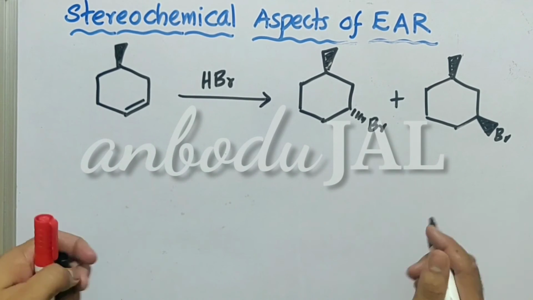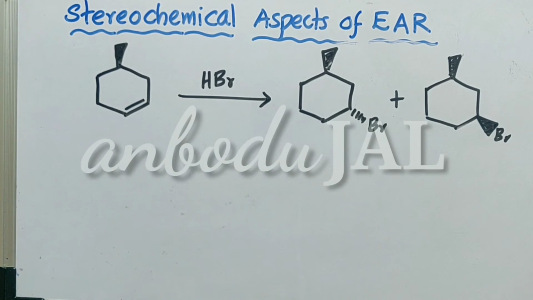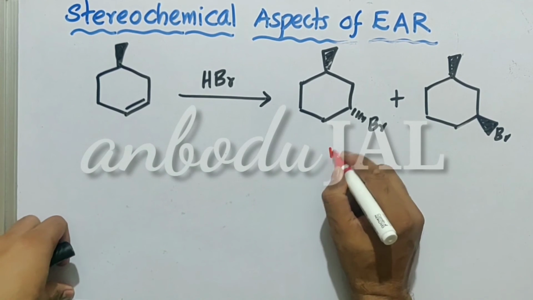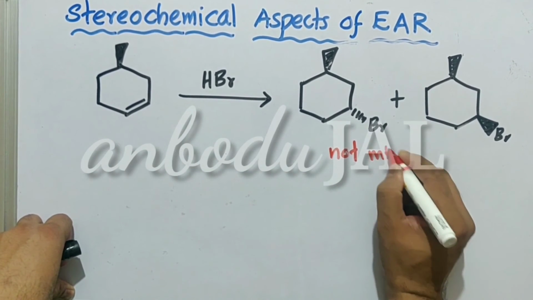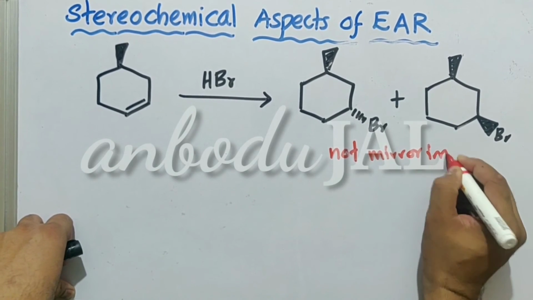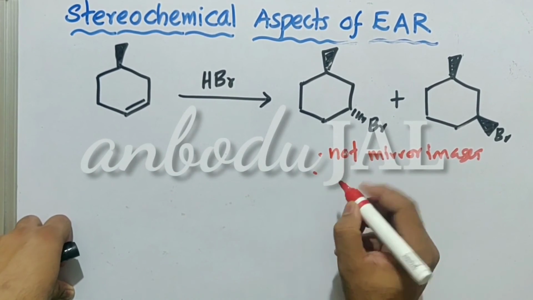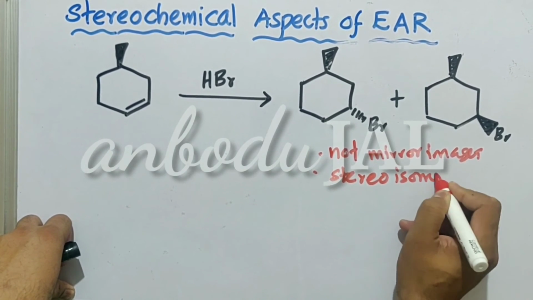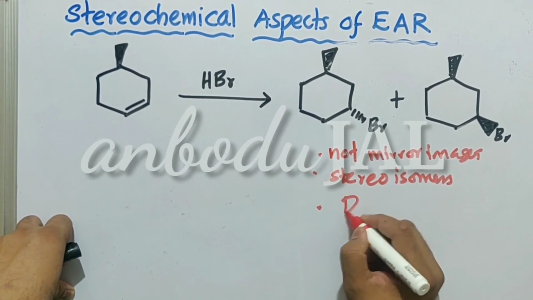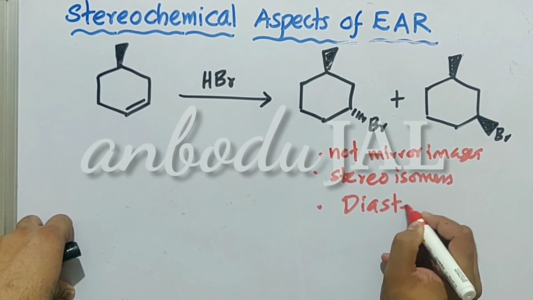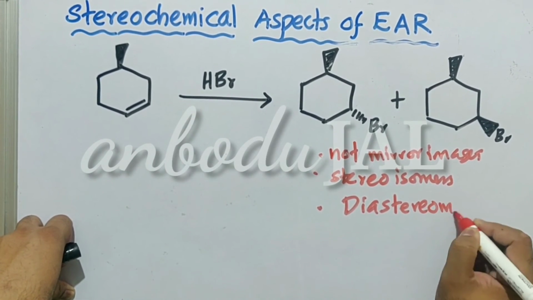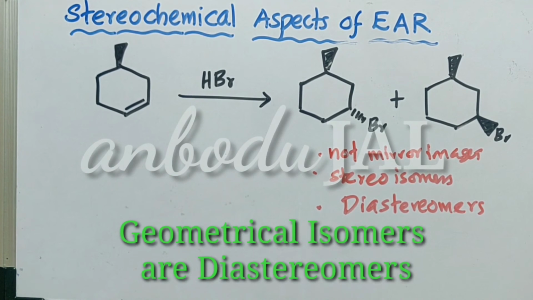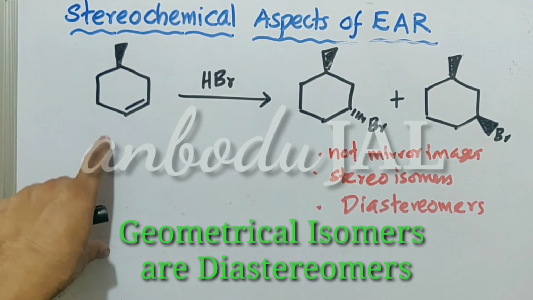The stereoisomers which are not mirror images of each other are known as diastereomers. Okay, so the products of hydrobromination of this alkene are diastereomers.